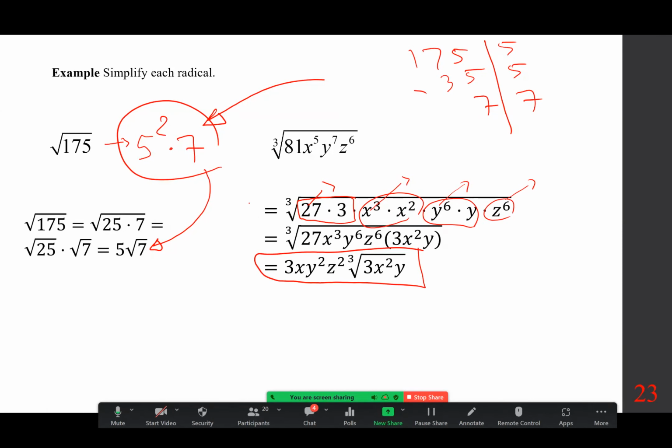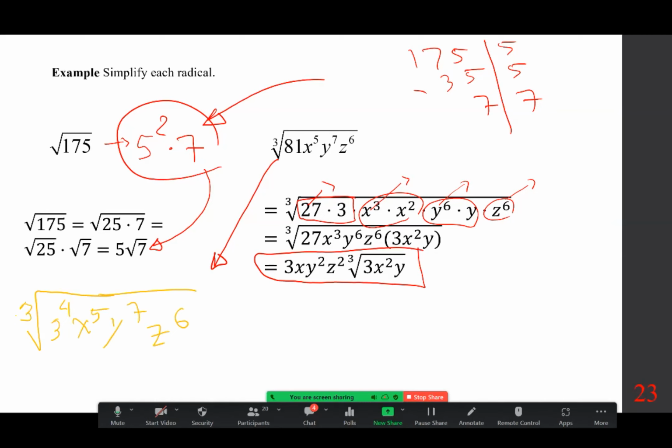So take a look at this in this manner. I'm going to write 81 as 3 to the power of 4, x to the power of 5, y to the power of 7, z to the power of 6.